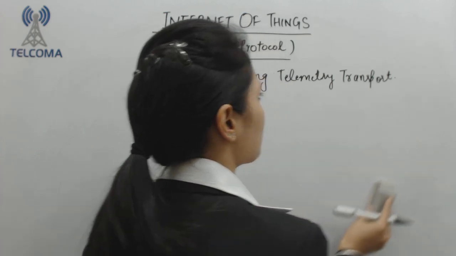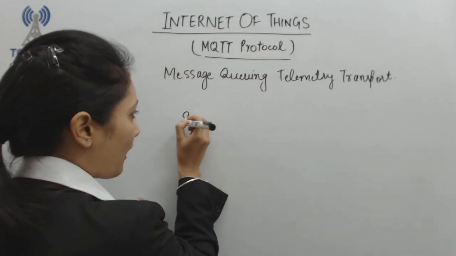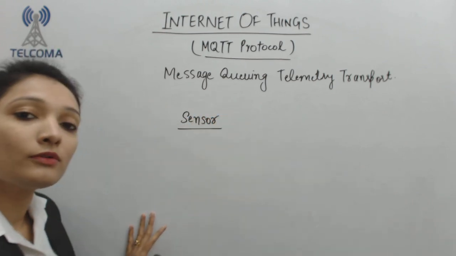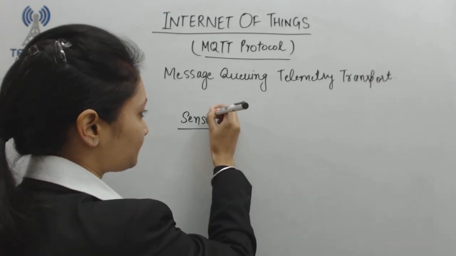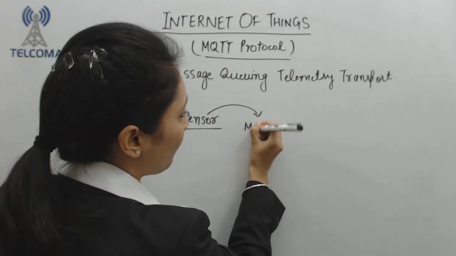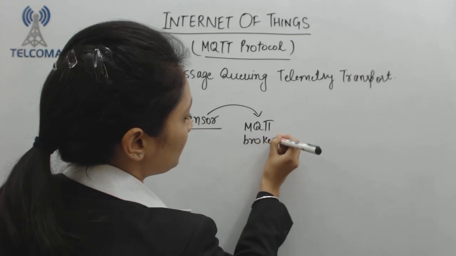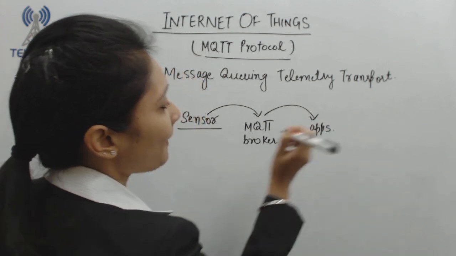The configuration for this protocol is like this: if you have sensor devices, these will be forwarding the data to the application. That is forwarded with the help of the MQTT broker to the various apps.